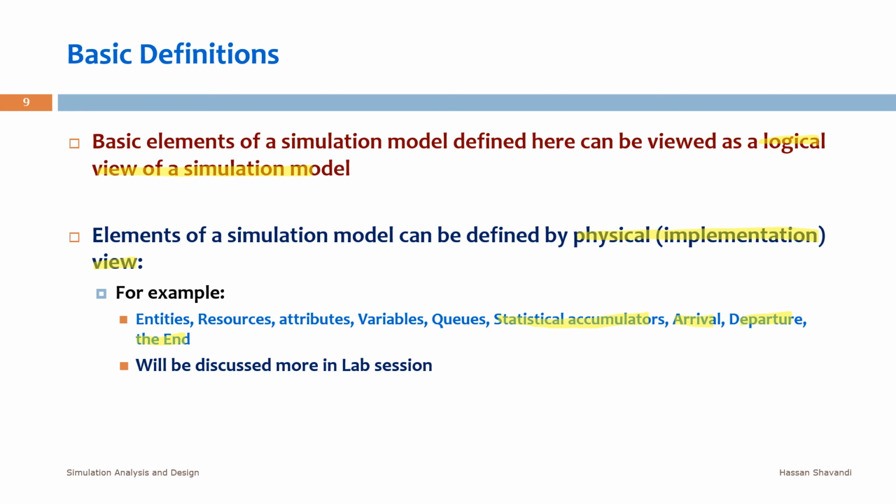If our approach is logical, just designing a simulation model, not implementing it, then we will have the elements we have defined so far. But if it is going to be implemented in Arena, for example, or any other software, then based on that software we may have more elements in terms of the physical view, like statistical accumulators, arrival, departure, and the end. You will see more of these in the lab sessions.